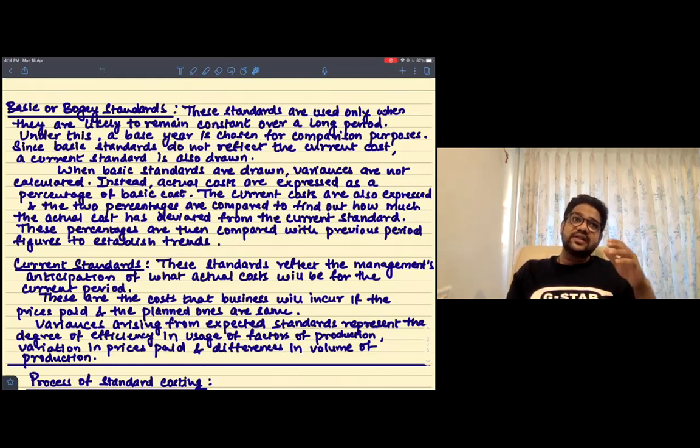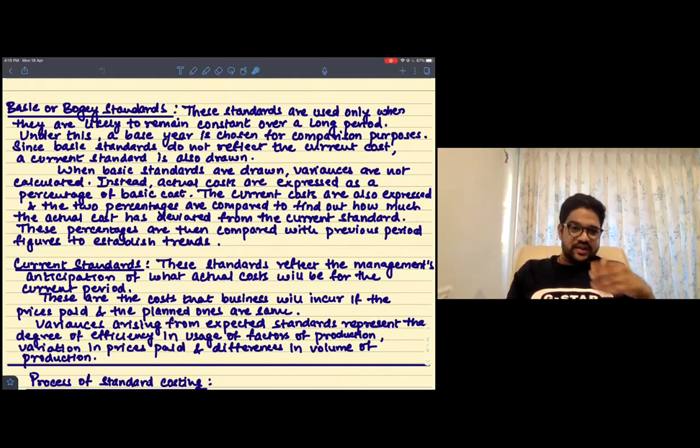Since the basic standard is not the reflection of the current cost, we make something called a current standard also. Under the current standard, we will compare the actual cost with the current cost. So we have two kinds of these.